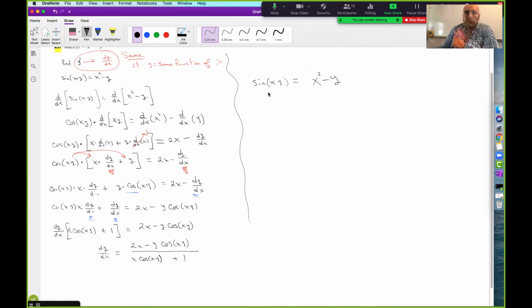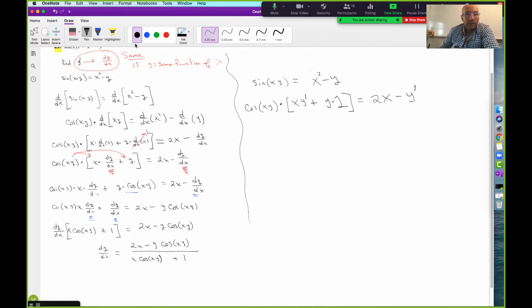And so if I just want to use the other notation style, I'm going to take the derivative of both sides. So this is going to be equal to cosine xy times, and then I want to say that this is xy prime. So the derivative of the y one plus y, and then the derivative of the x is just going to be equal to 1, so I'll just put a times 1 there, equals 2x minus y prime.